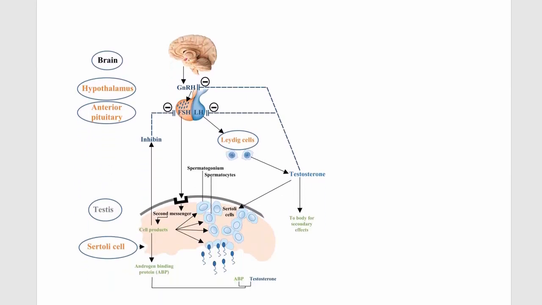And then also here you can see a little bit further up, the Leydig cells. So these are also known as interstitial cells, and these are found in the testes of males. So they produce testosterone in response to stimulation by luteinizing hormone.